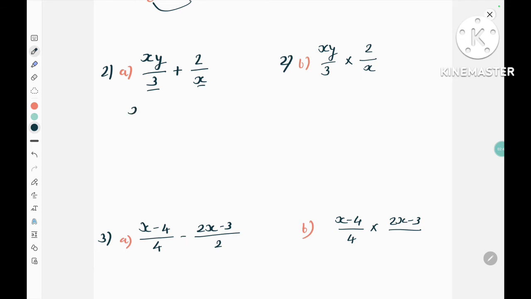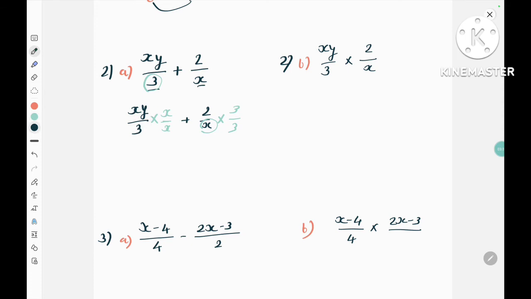So I write xy over 3 here. Now the first fraction I will multiply by the denominator of the second fraction, which is x, so x over x. And the second fraction I will multiply by the first fraction's bottom number, 3 over 3, I mean.